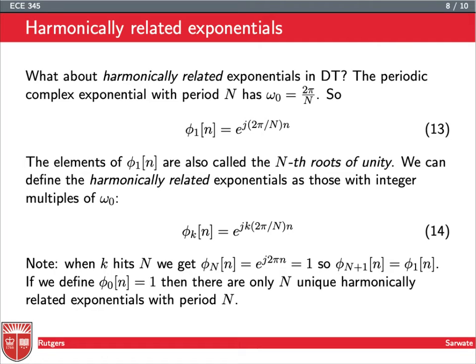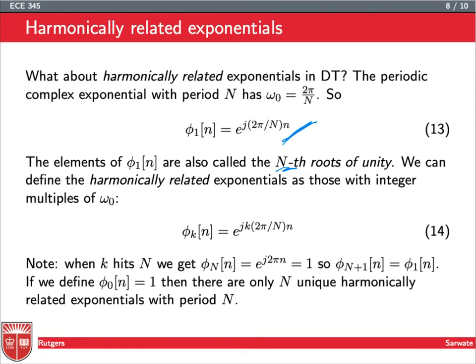And these are called the harmonically related exponentials. And for this phi 1, these are called the capital Nth roots of unity. That means they're all Nth roots of 1. So if I raise these to the capital N, I'm going to get 2 pi times n, which is an integer, so it's just going to be e to the j 2 pi n, which is equal to 1.